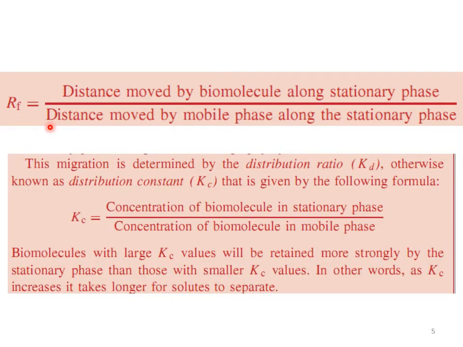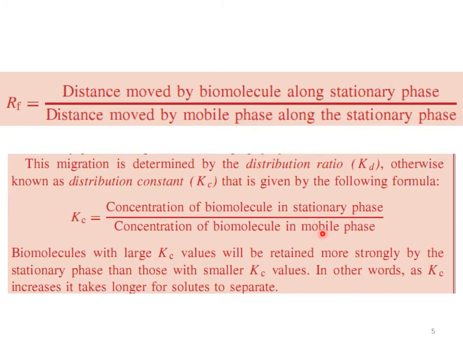So this migration is a function of the distribution ratio. The distribution ratio is given by this expression: the concentration of a biomolecule in the stationary phase, its ratio to the concentration of the molecule in the mobile phase. That means the ability of a molecule to interact with the stationary phase versus its ability to interact with the mobile phase.